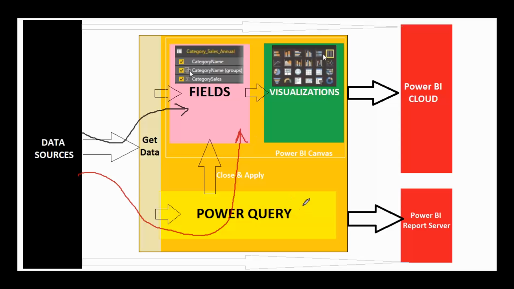There comes the kitchen area Power Query, and here are the recipes made. Cloud, like your Zomato or Swiggy, deliver it, or report server like a la carte, the same restaurant, a la carte, dine in.